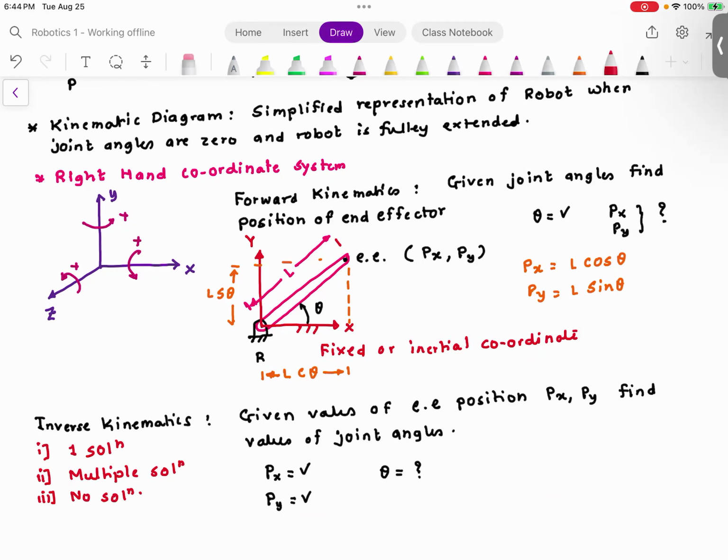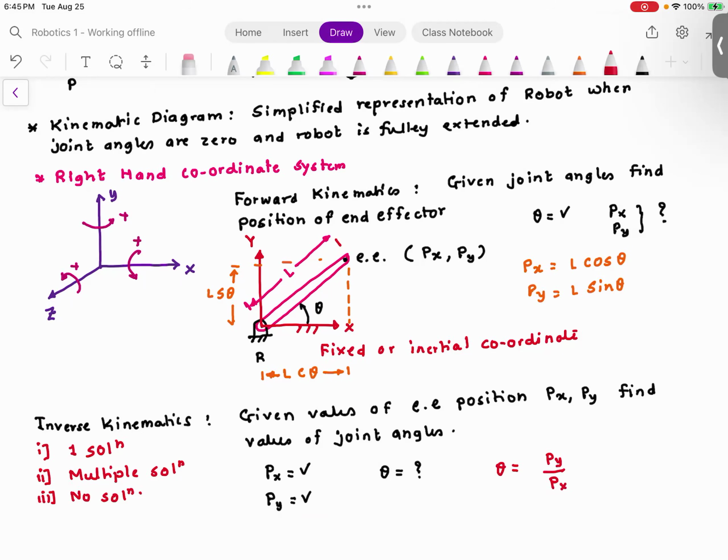So if you want to find theta, theta is equal to, you will say, Py by Px.